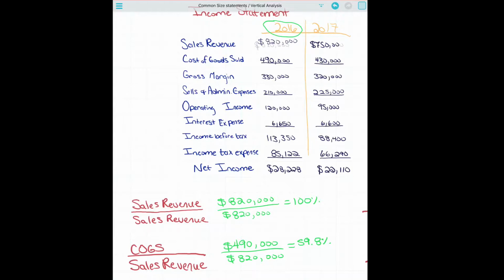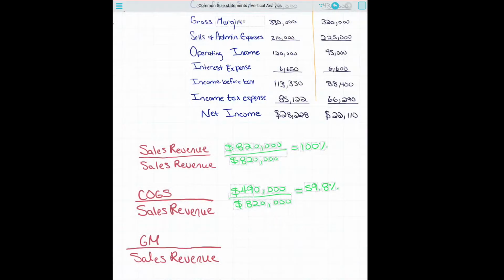Okay, now gross margin is $330,000 divided by $820,000 equals 40.2%, and I am rounding.